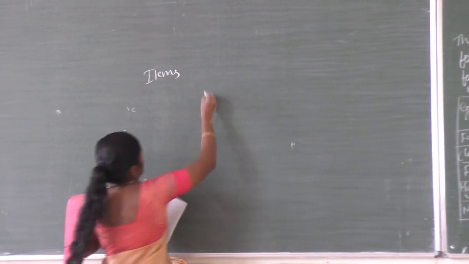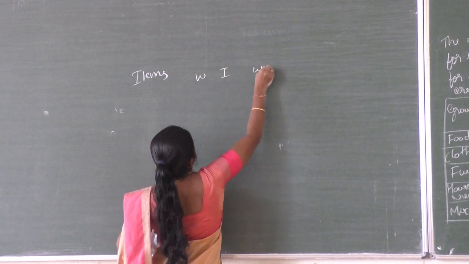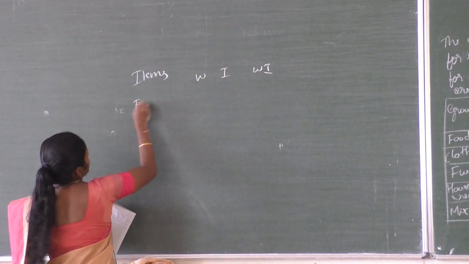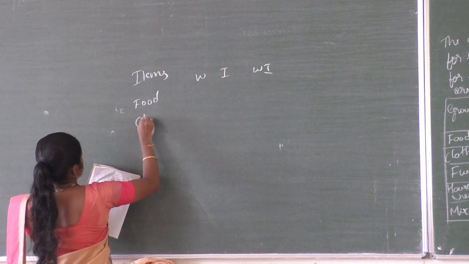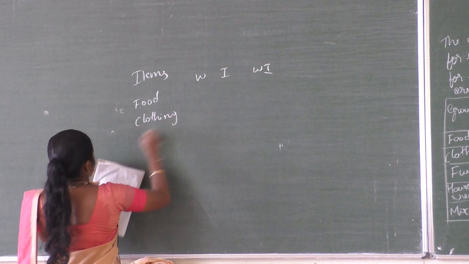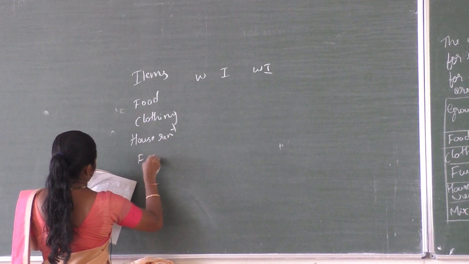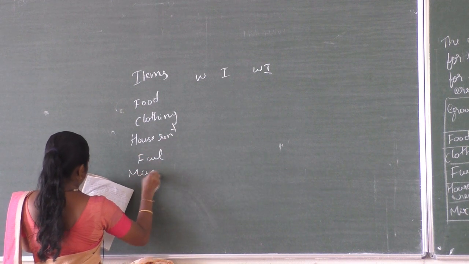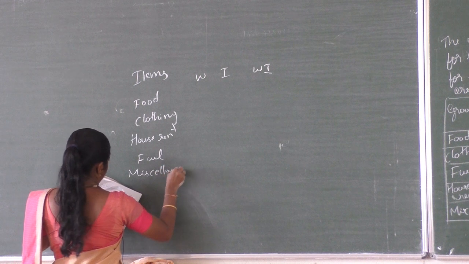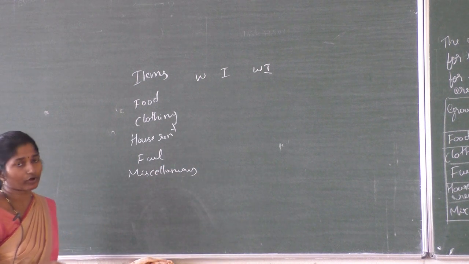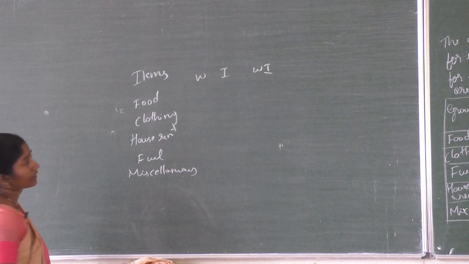Write the columns: items, W, I and W into I, for food, cloth, house rent, fuel and miscellaneous.